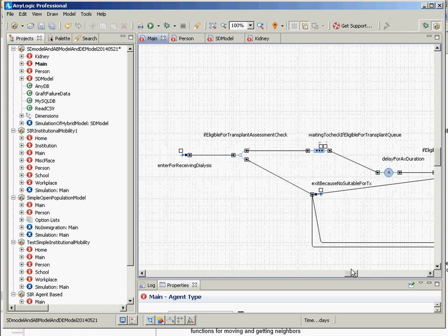And that's a classic issue where discrete event modeling is really useful. We have a limited number of kidneys, we have a limited number of doctors to help them undergo surgery. And so for this component of the model, we use a discrete event model. The person is still an agent all throughout this, but they flow into this discrete event model as well, where they are waiting for eligibility checks for a kidney transplant.